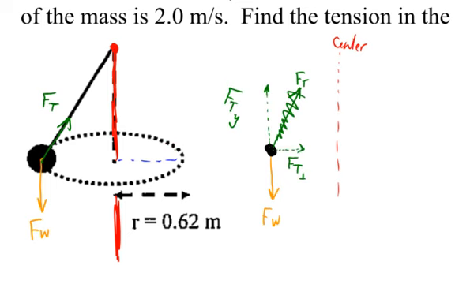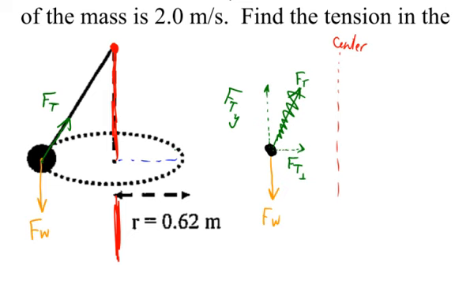Now, notice I called that one component FTY, that vertical component. I've called the other one FT perpendicular because it's not only X, it's also got kind of some other coordinate as well. But whatever it is, it's perpendicular to the pole. And it's this FT perpendicular that is going to be the thing that causes the centripetal acceleration.